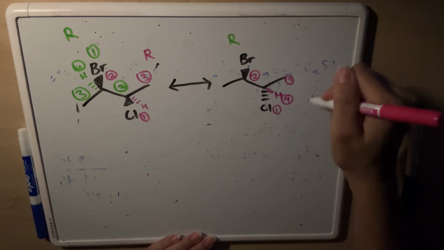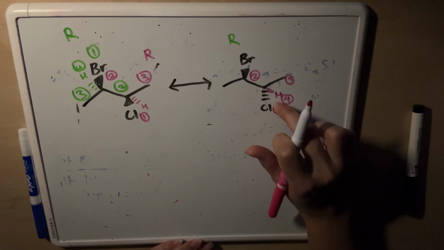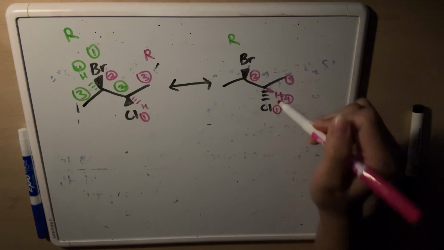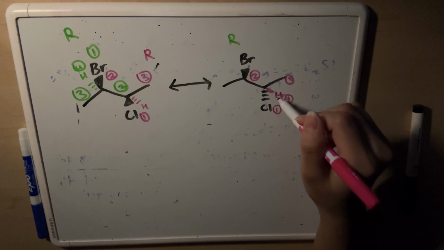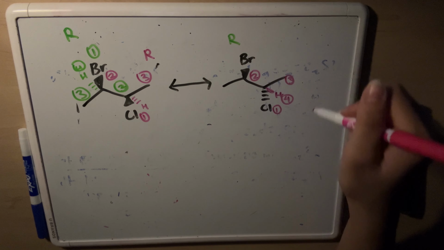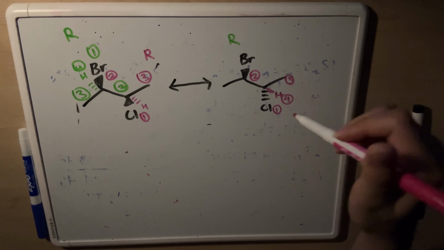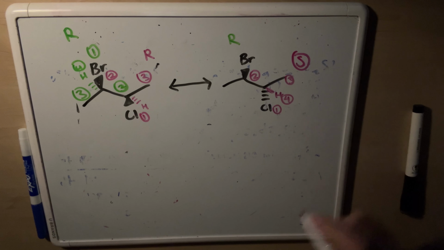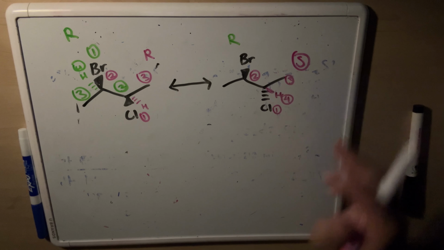And then you would think it'd be also R again, but remember, you cannot have the lowest ranking substituent on a wedge. It has to be pointing away from you. So when you find the lowest ranking substituent is on a wedge and you already assigned numbers, you just flip the configuration. So you see how this is R. Just change it into S. So now this is an S configuration.